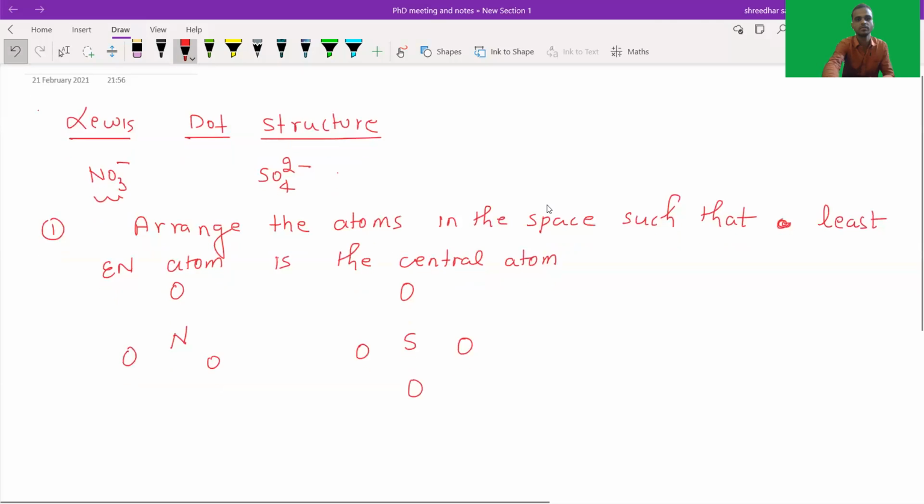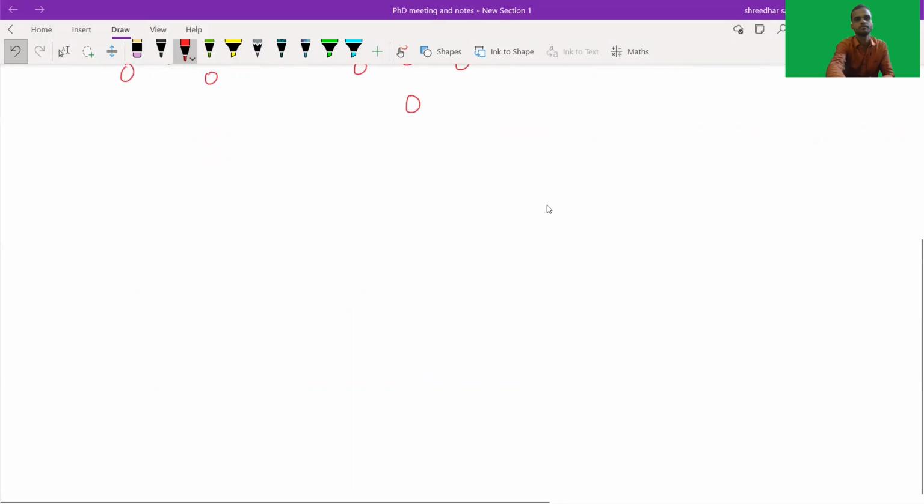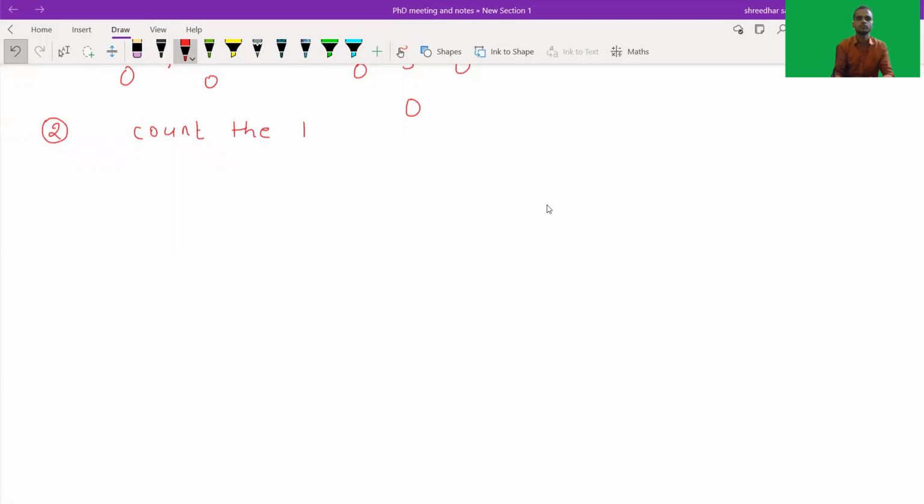Now the next step is to count the total number of valence electrons on all the atoms, including the charge.